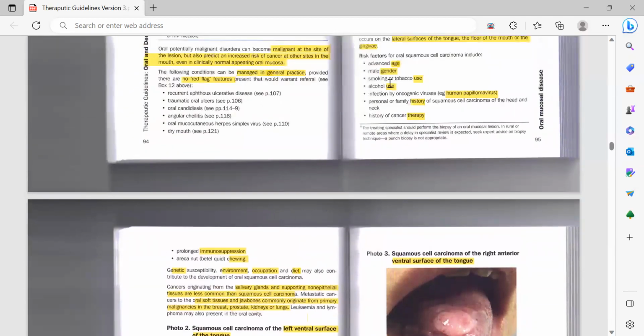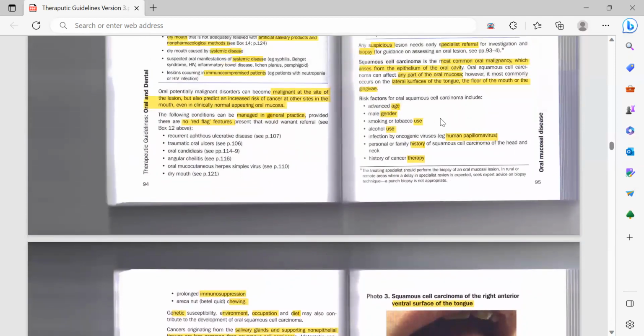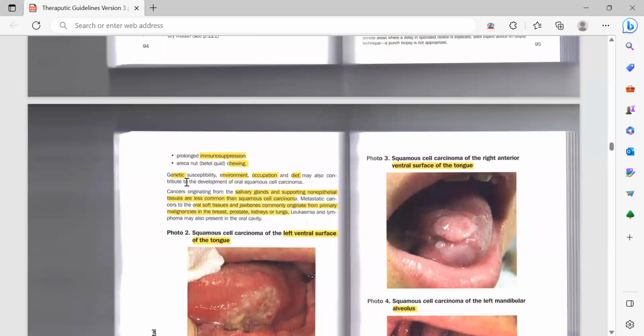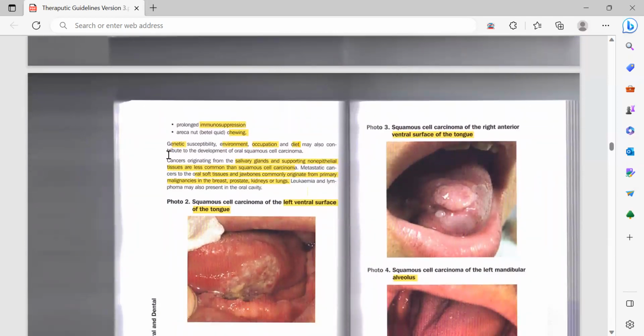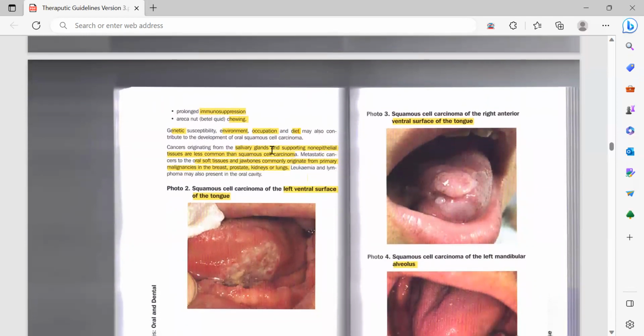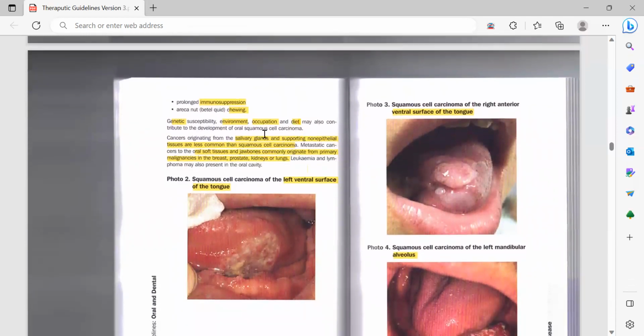So these are some of the risk factors which can put the patient at risk of getting squamous cell carcinoma. Genetic susceptibility, environment, occupation, and diet may also contribute to the development of oral squamous cell carcinoma.